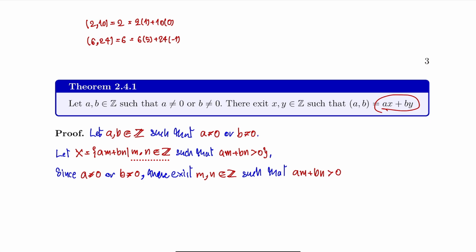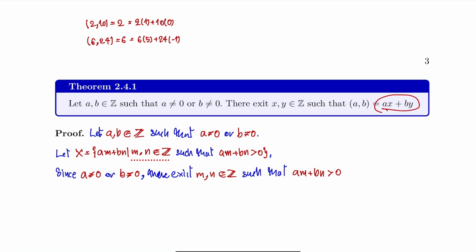If a and b are both positive, you can find positive integers m and n such that am plus bn is greater than 0. If one of them is negative, say a is negative and b is positive, you can find a negative integer m multiplying a, plus bn greater than 0.